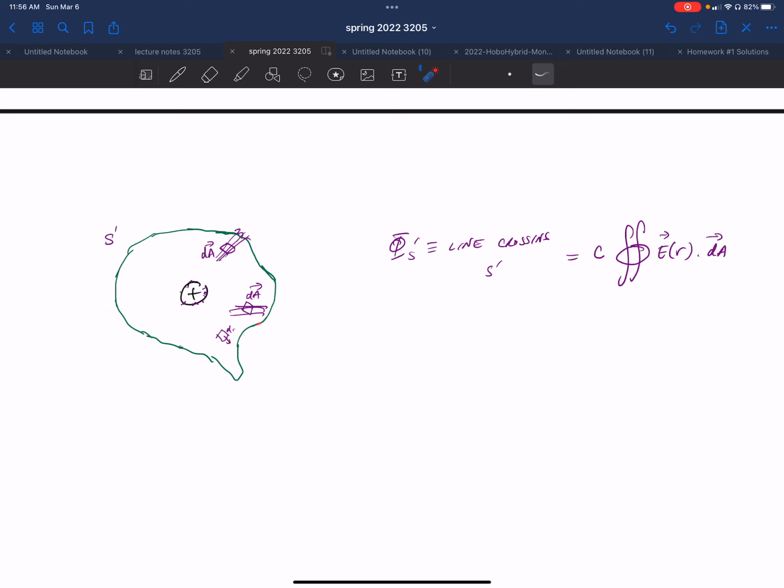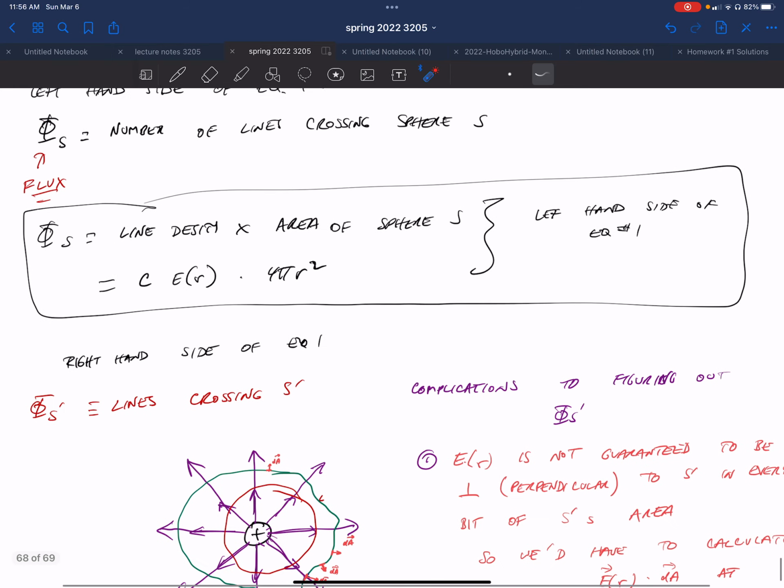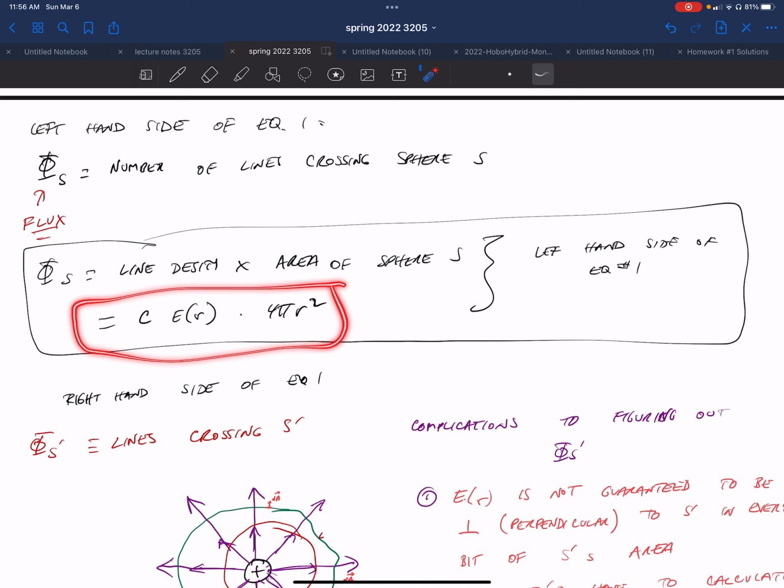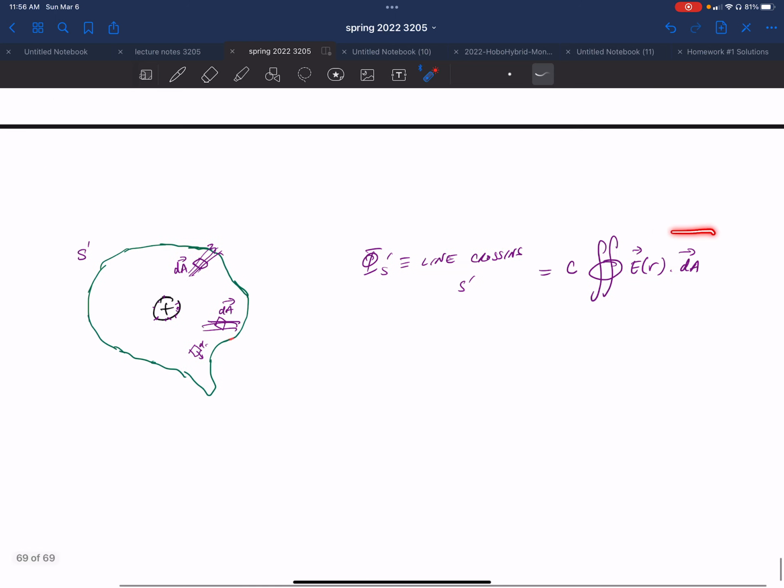It was really easy to calculate for a sphere because dA was really easy to calculate, and we didn't really even have to integrate. We could just sort of visually see it. But here you actually have to do the integral, and it's a difficult integral to calculate.